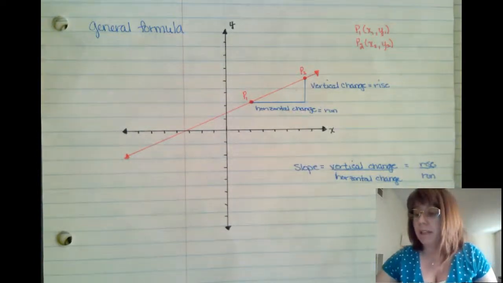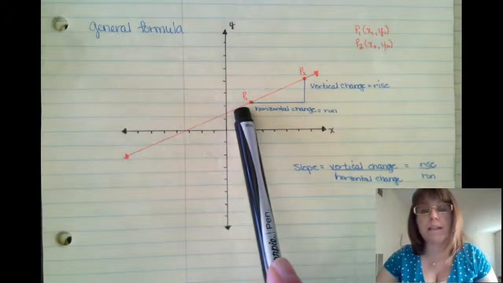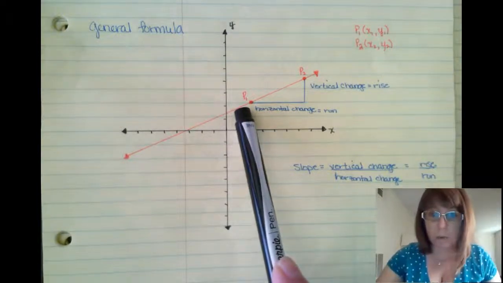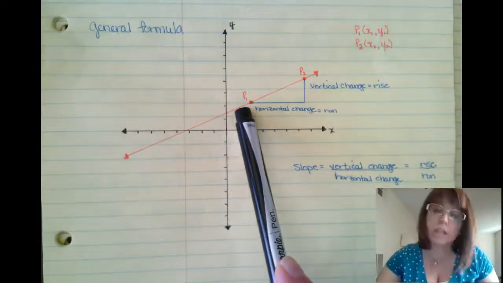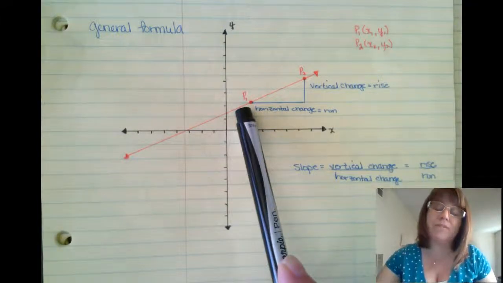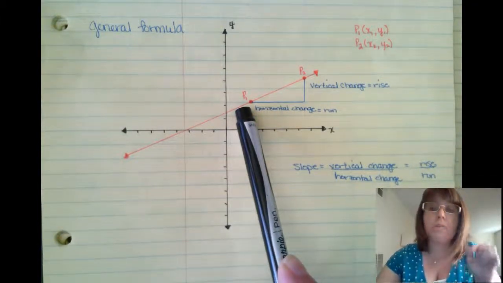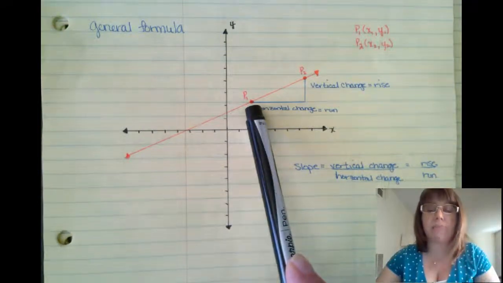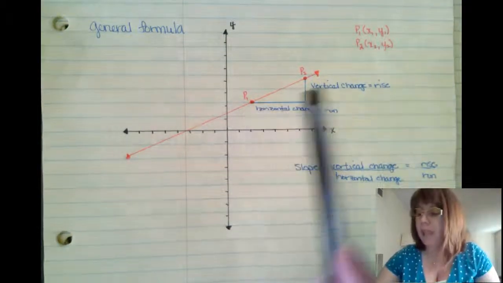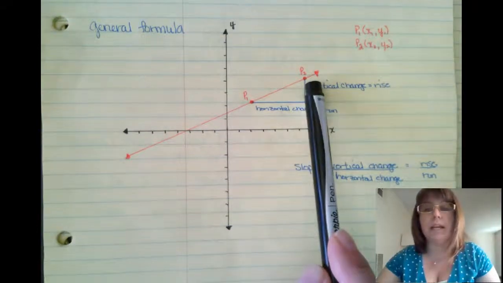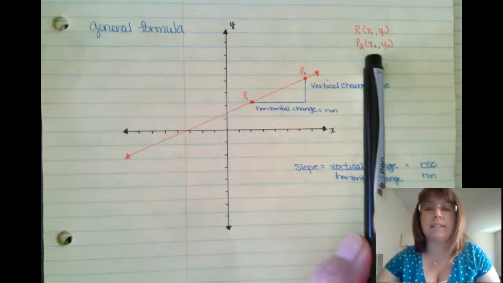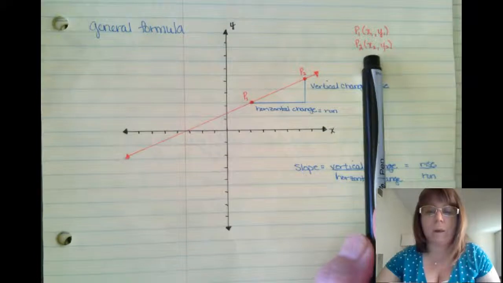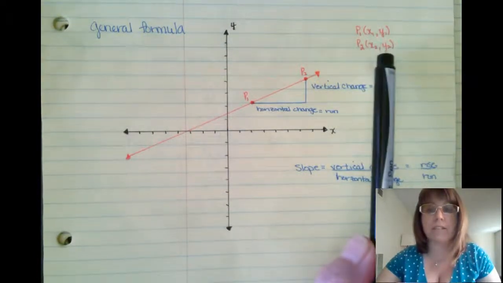Point 1 is at x1, y1. I don't know what values they are, but I can use x1, y1 to signify where point 1 is. And point 2, I'm going to say it's x2, y2. So that's the point location.